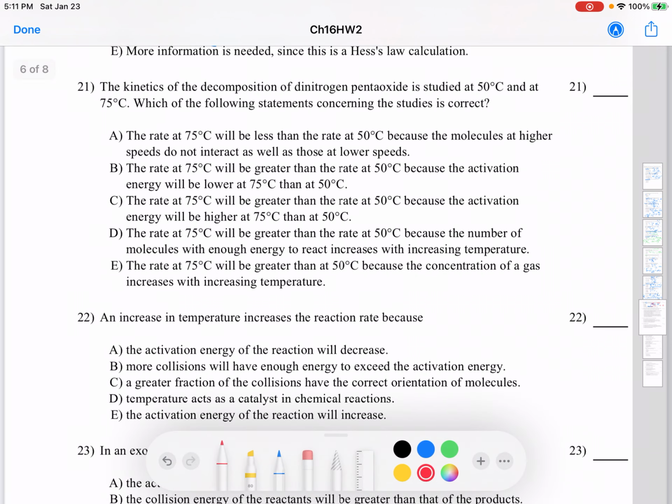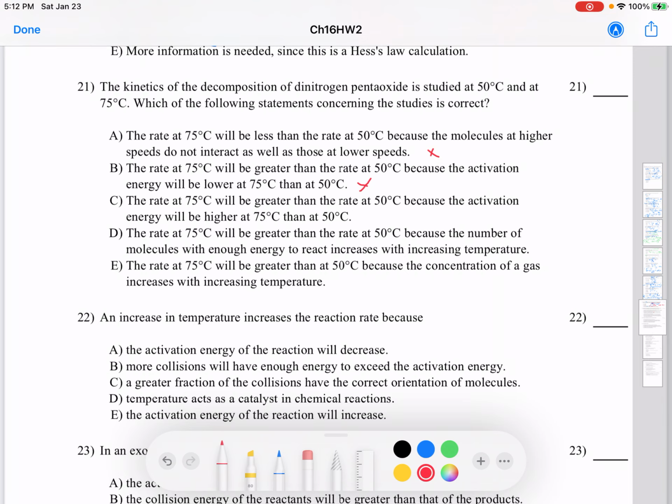That's not correct. The rate at 75 degrees will be greater than the rate at 50 because activation energy will be lower at 75 degrees than at 50 degrees Celsius. That's also not true. The temperature doesn't decrease the activation energy. Instead, it makes the molecules more energized, so there are more collisions, and as a result the reaction speeds up.